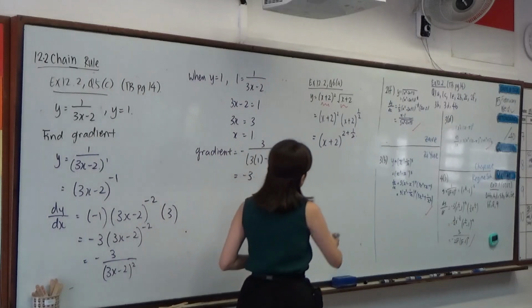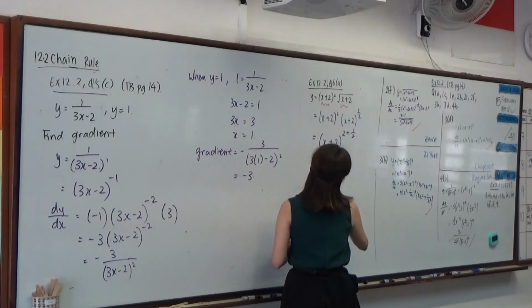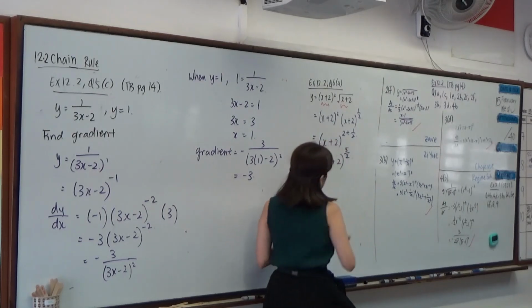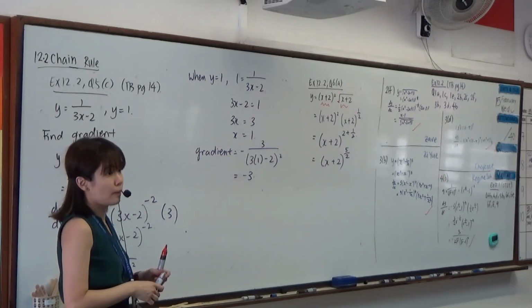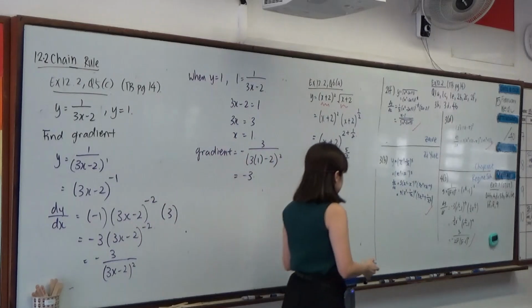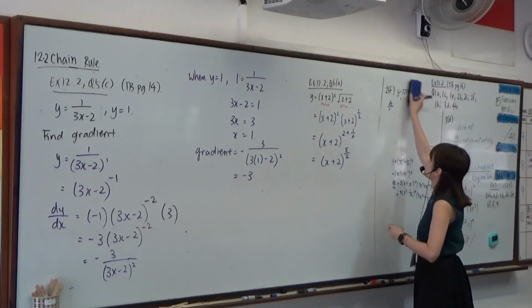So my y is none other than (x + 2) to the power of 2 plus half. Usually we write our powers in improper fraction form. That will be 5 over 2. So we need to set this up first before proceeding with differentiation.